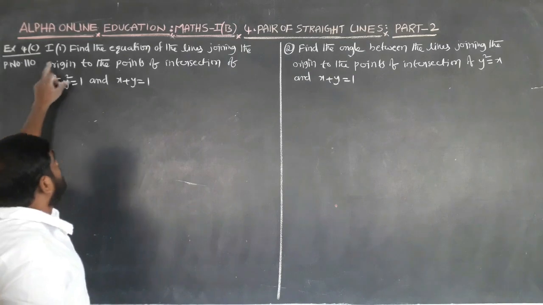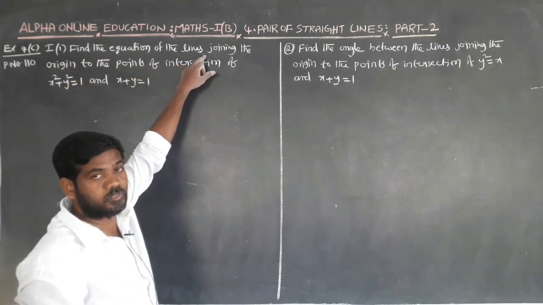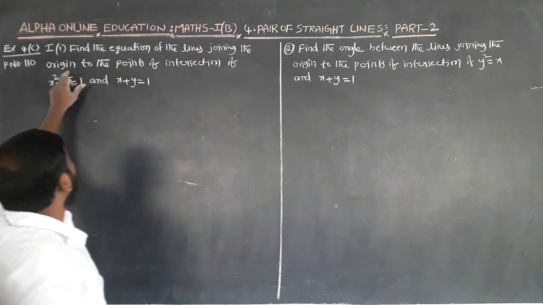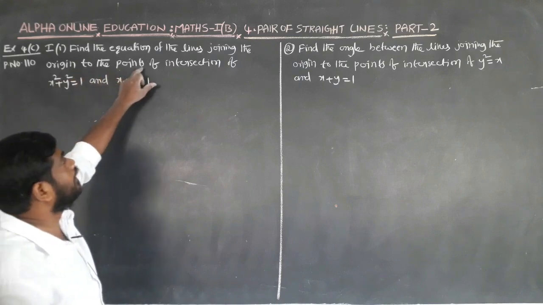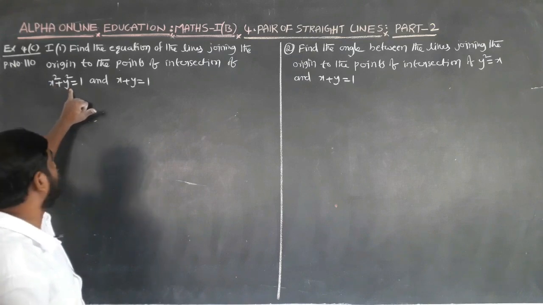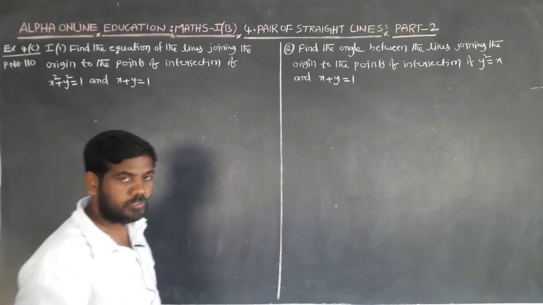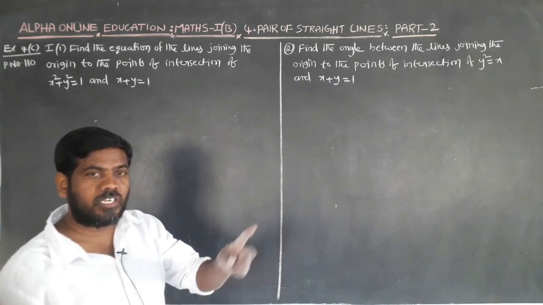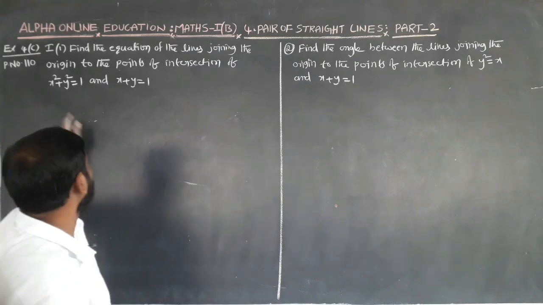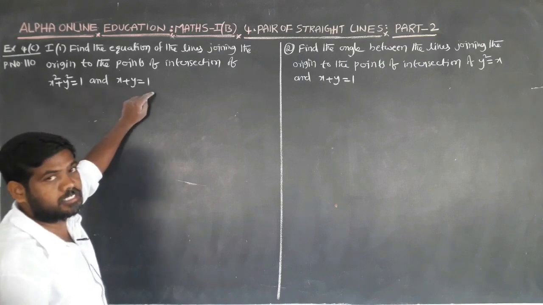First one: find the equation of the lines joining the origin to the points of intersection of x square plus y square is equal to 1 and x plus y is equal to 1.